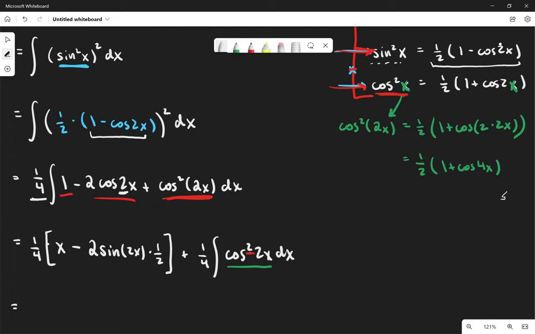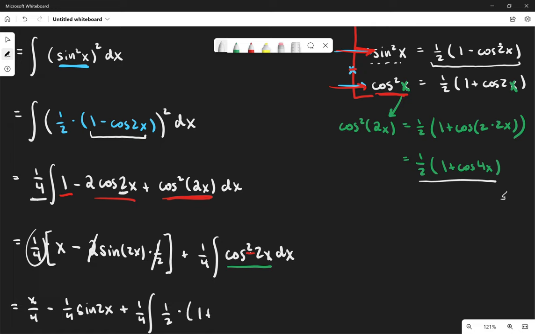But now I can sub it into my integral. I have x over 4 minus 2 times 1/2 cancels. I get 1/4 out front. Sine 2x. Please make sure you're keeping track of your minus signs. And then I have plus 1/4 integral, and I'm going to rewrite this. 1/2 times 1 plus cosine 4x dx.